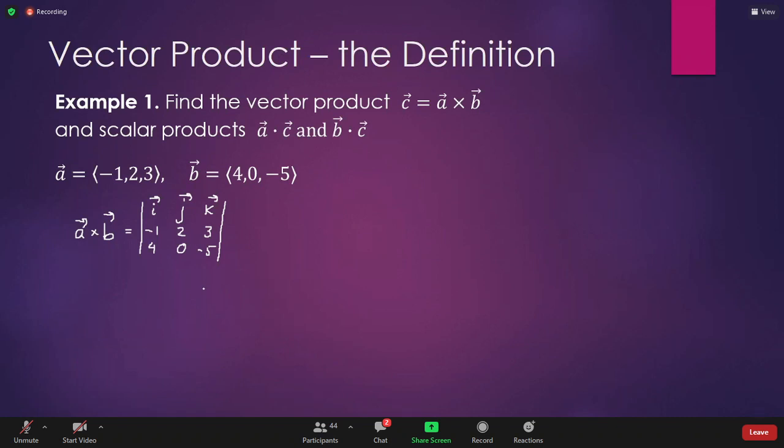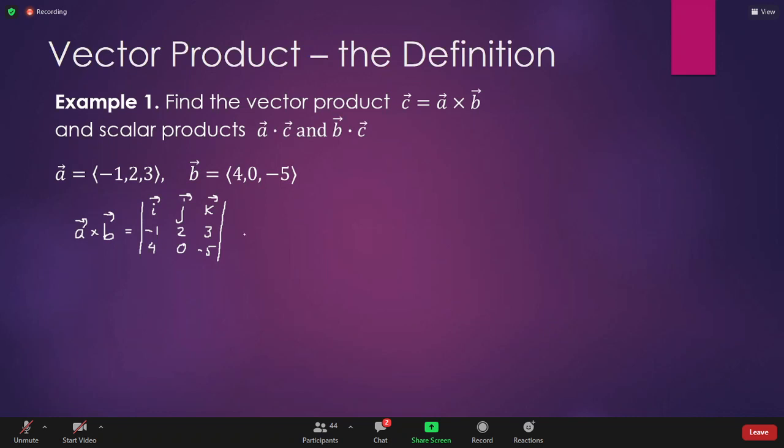Which means the order of the vectors A and B in which we write them is important again, because if I wrote B times A, if I took vector B in the second row and vector A coordinates in the third row, the determinant would be with a minus sign in front. The determinant would change the sign, so the vector C would change its direction. We will see it a little bit further. So for now, I'm just stressing the importance of writing these two rows, row 2 and row 3, in the correct order.